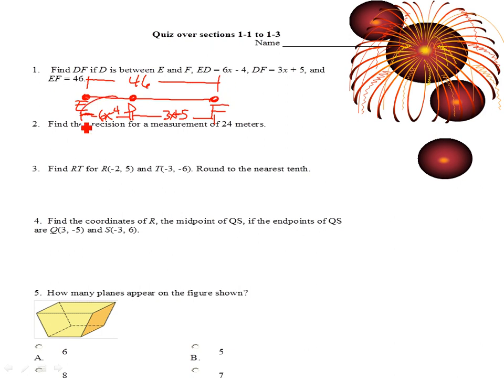What are you gonna do with these two parts? Add them and they should equal 46. So 6x minus 4 plus 3x plus 5 should equal 46.